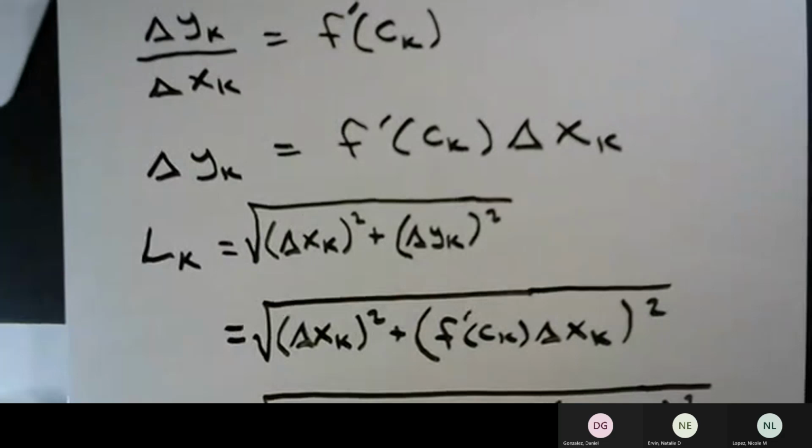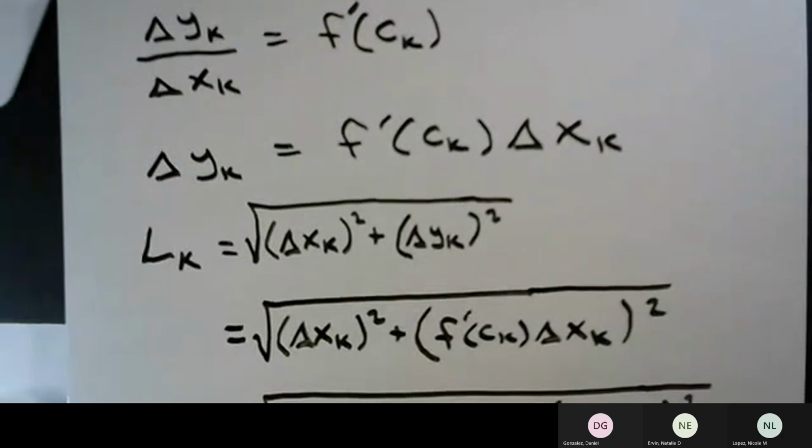So we take the square root of delta xk squared, we're going to get delta xk. And this is equal to lk. So the idea is going to be this. This is the length of that line segment. It was that hypotenuse that was approximating the curve.